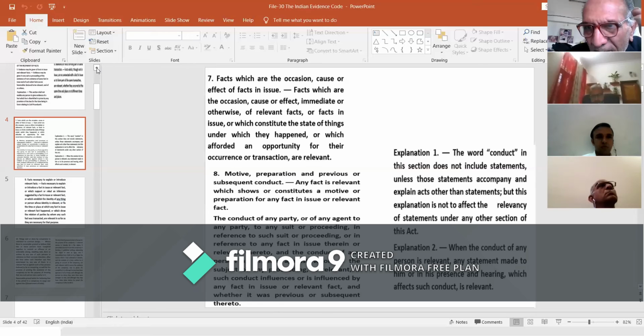Now see, we have the facts in issue, we have the relevant facts, and now here is a third species, third generic. It is which constitute the state of things under which they happen, or which afforded an opportunity for their occurrence or transaction as they are relevant.